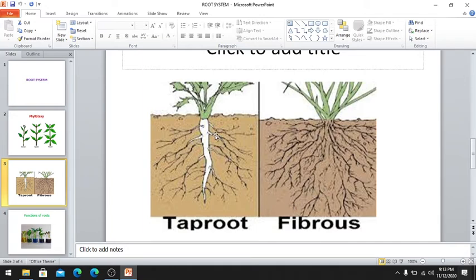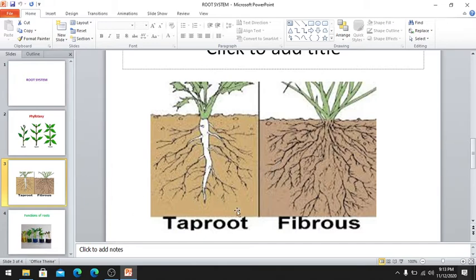From the roots, the water and nutrients are transported to the other parts of the plant. Yes, these are the functions of roots, right? You learnt them even in lower classes. The root also helps to fix the plant firmly in the soil.